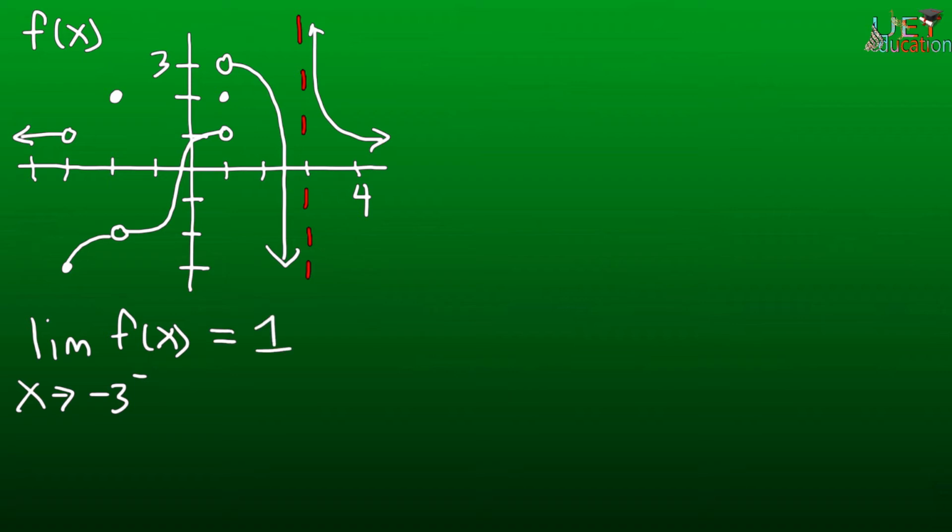Now what about from the right side? So you want to approach the vertical line at negative 3 from the right. So we have to follow this curve. Notice that the y value here is negative 3. So therefore, the limit as x approaches negative 3 from the right side is negative 3.